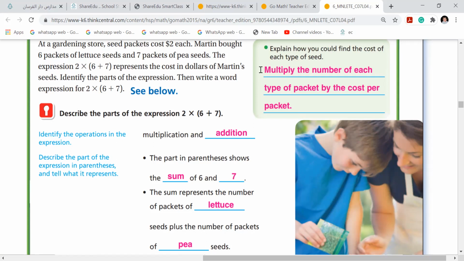Miss, can you go down? Sure. Did you write this much?